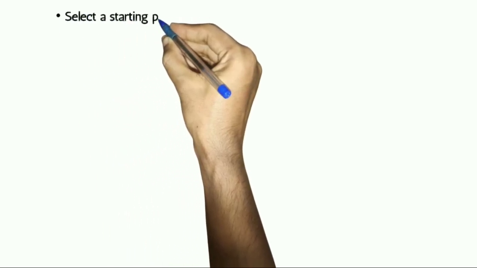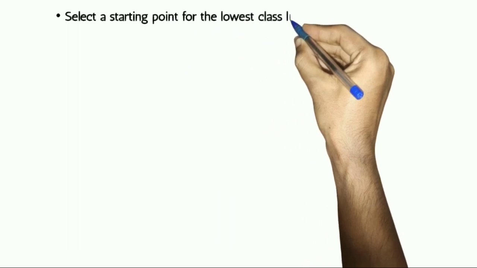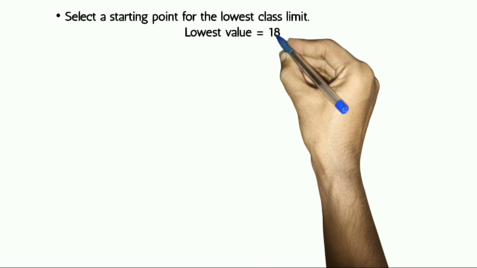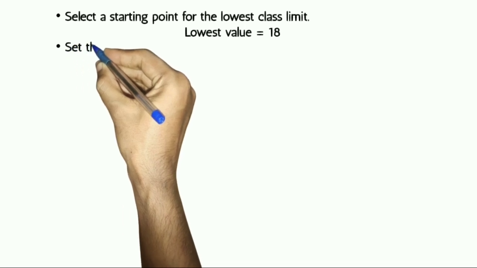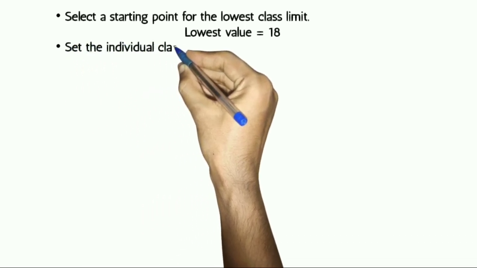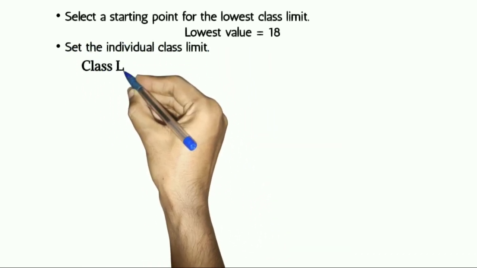After that, let's select a starting point for the lowest class limit. Ang ating lowest value sa dataset ay 18. At yung lowest value na 18, yan yung magiging starting point natin. After selecting a starting point for the lowest class limit, let's set the individual class limit.